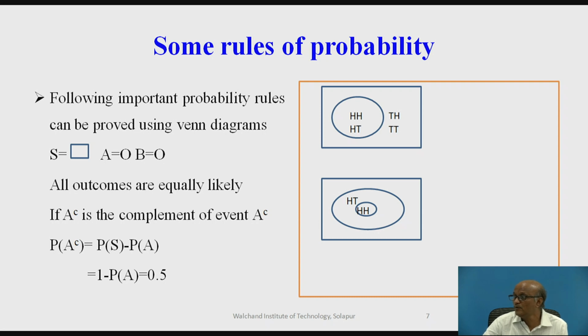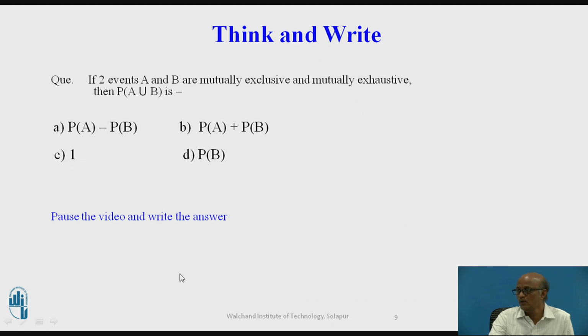The possible outcomes are head head and head tail, and the complement of this will automatically be tail head and tail tail. So the probability of the complement of A can be obtained as the probability of the entire event minus the probability of A. That is 1 minus probability of A, that is 1 minus 0.5, that comes out to be 0.5.